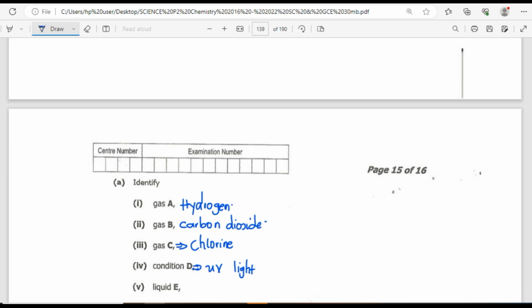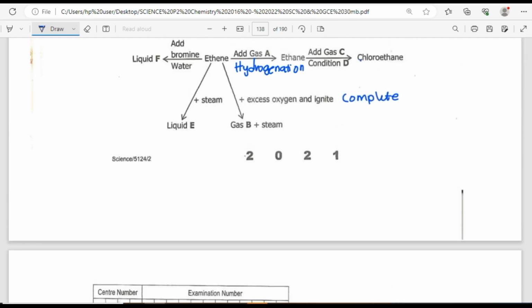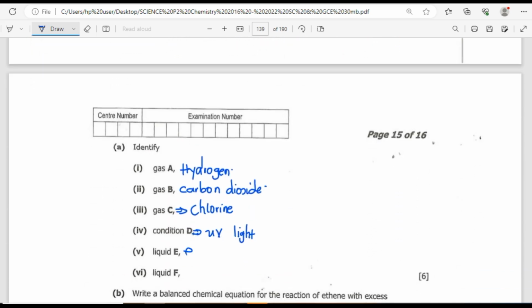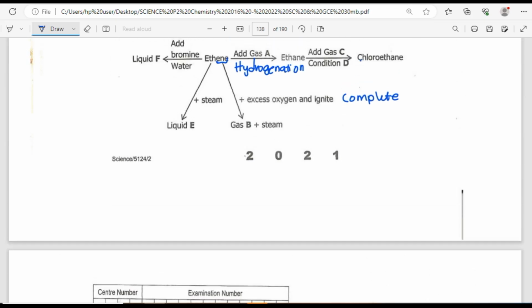Then liquid E. If you add water, which is steam, to an alkene, you form an alcohol. So ethene becomes ethanol. So we have ethanol. Liquid F, you add bromine to ethene.